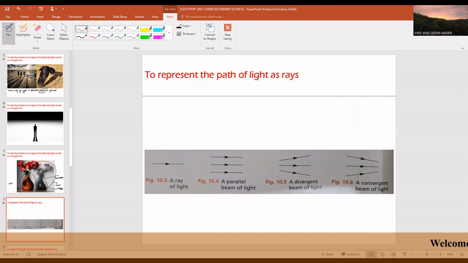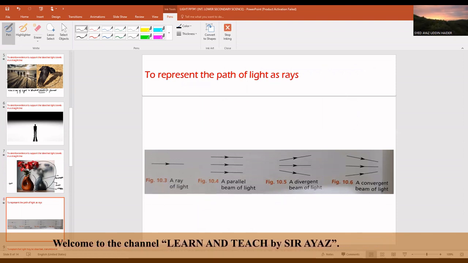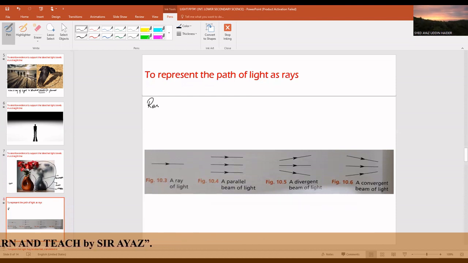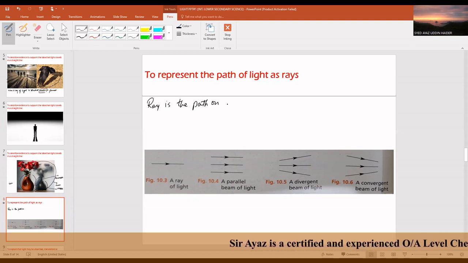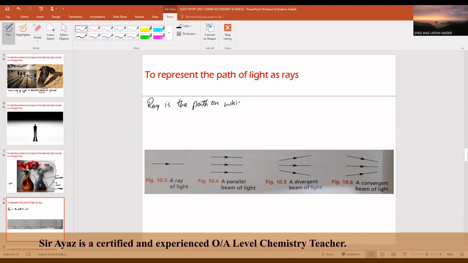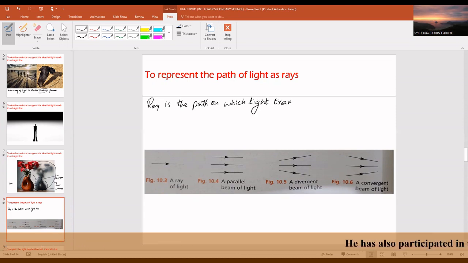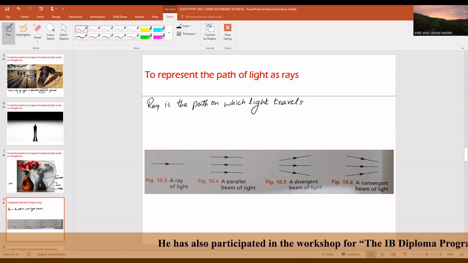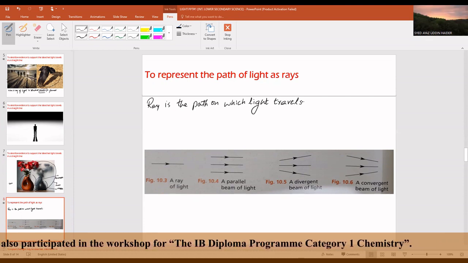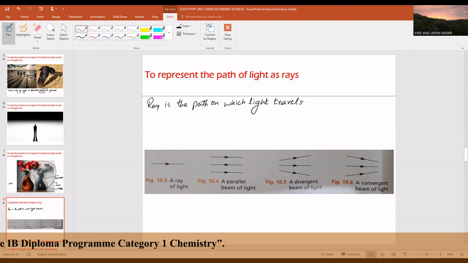Ray is the path on which the light travels. A bundle of rays is known as a beam of light.